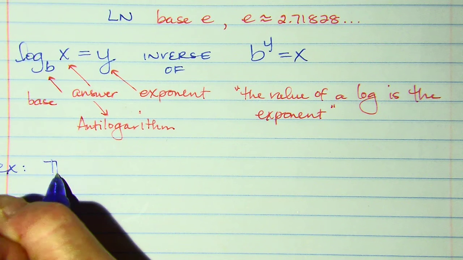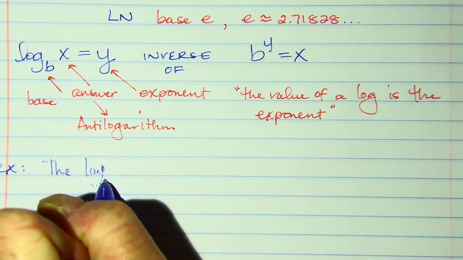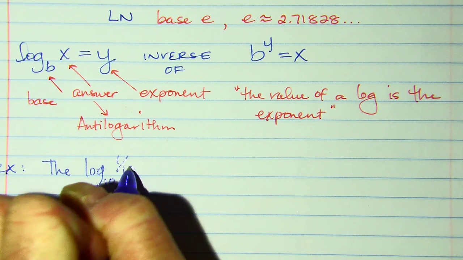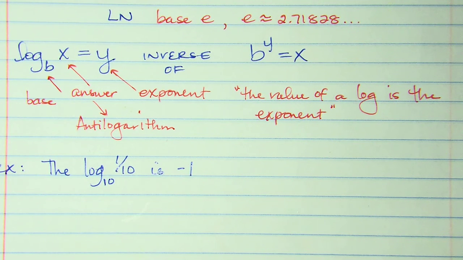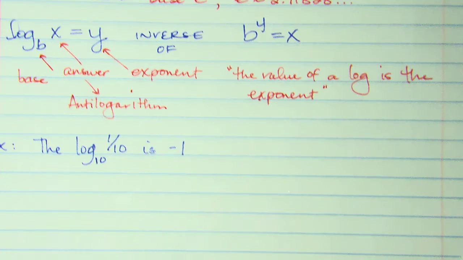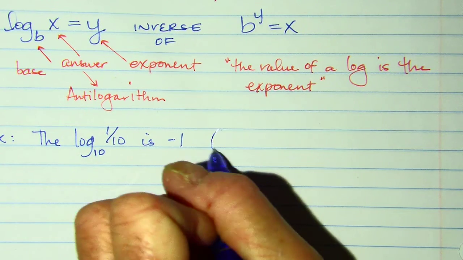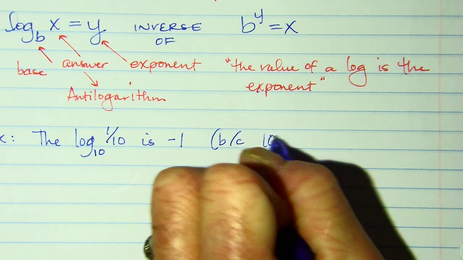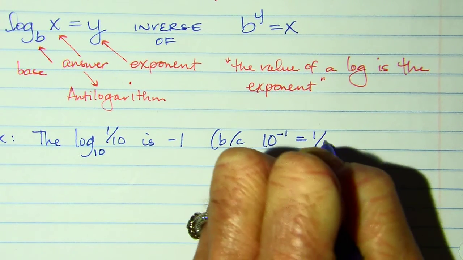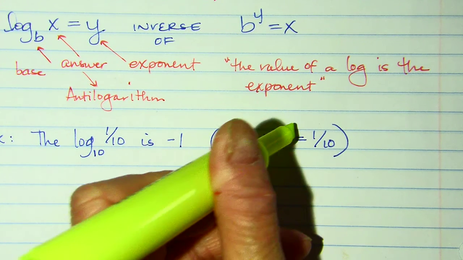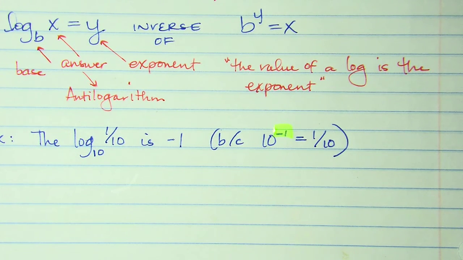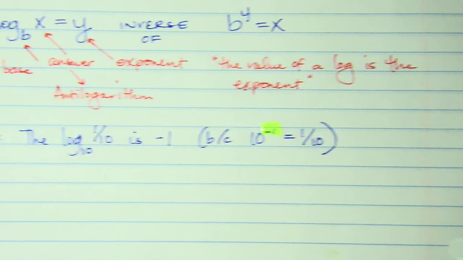the log base 10 of 1/10 is negative 1. So the answer to log base 10 of 1/10 is negative 1, and that is because 10 to the negative first equals 1 over 10. Notice the answer of our logarithm is the exponent. Now the antilog is the opposite.